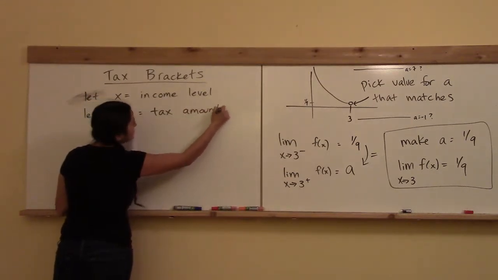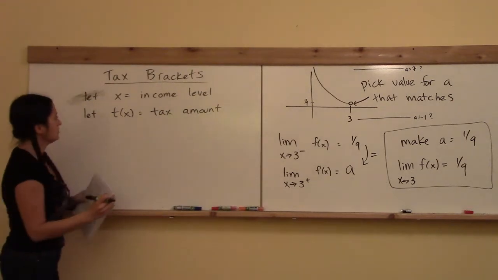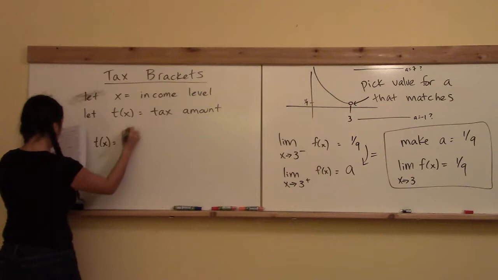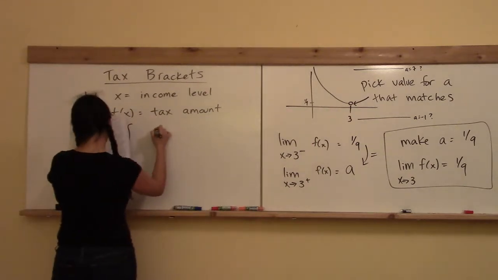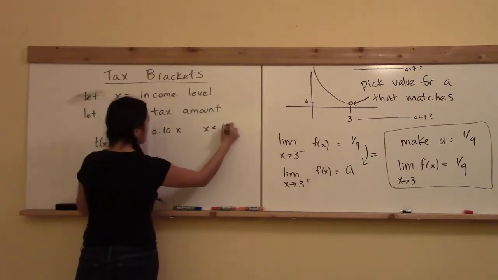Okay, so if I make x amount of dollars, then I'm going to have to pay t of x taxes. Alright, now let's see how we will define our t of x. Let's say that the tax amount is equal to 0.10 times x if x is less than 10,000.